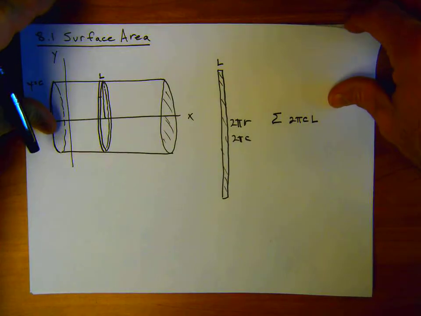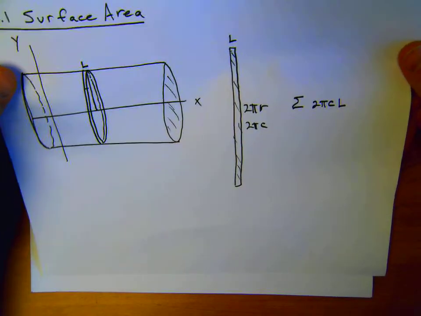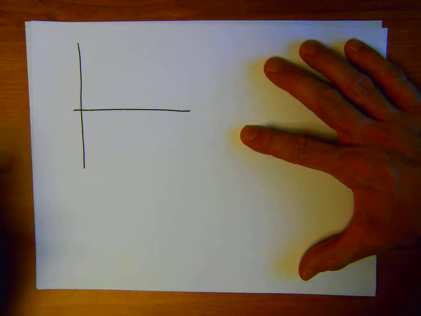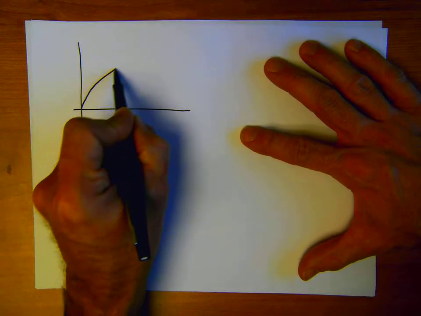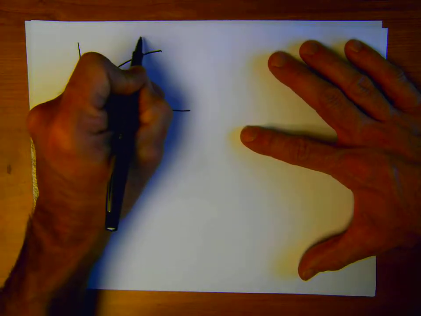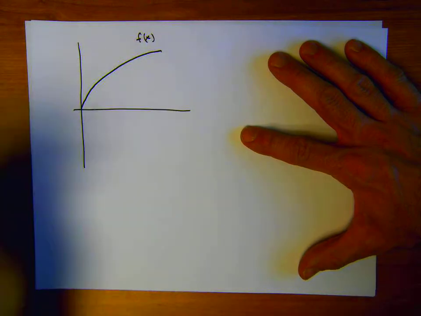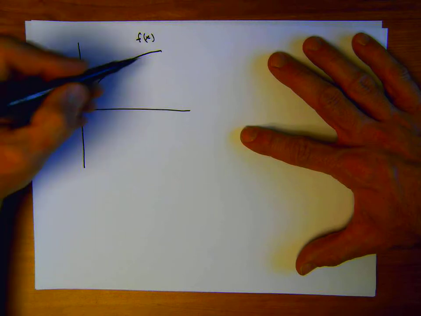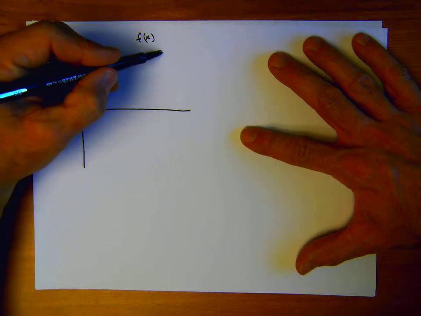Now, let's look at an example that's not a cylinder, and extend that idea. Let's say we have something more curved. This is some function f of x, it looks like it could be a square root or something like that. Nonetheless, we have this curve, and we are going to rotate it around.